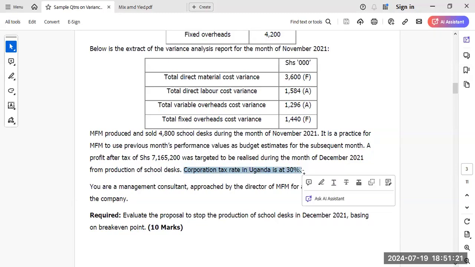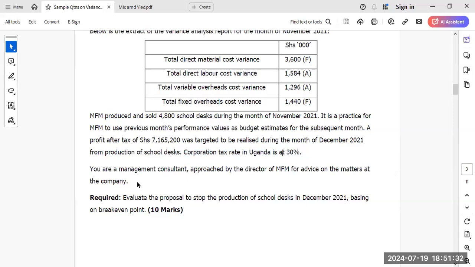So it means that you will need to adjust your profit after tax, as we are going to see. So this is the information we have, and they are telling you that you are a management consultant approached by the director of MFM for advice on matters at the company.